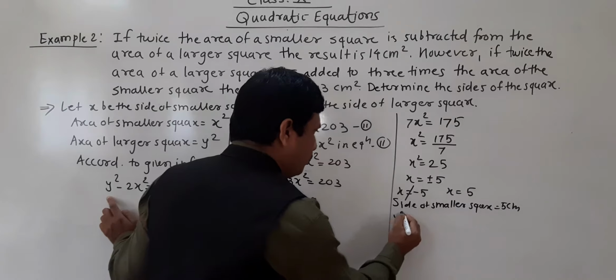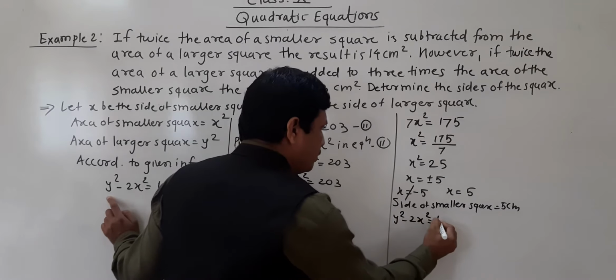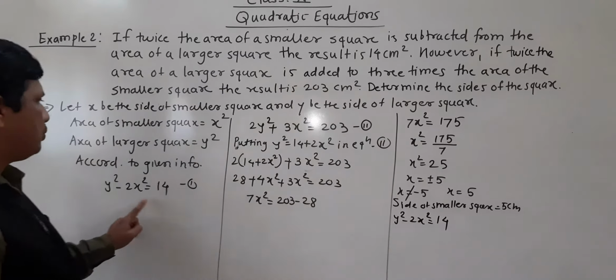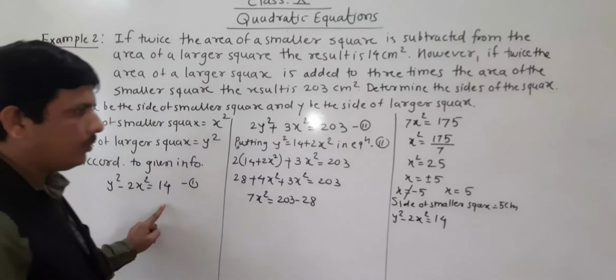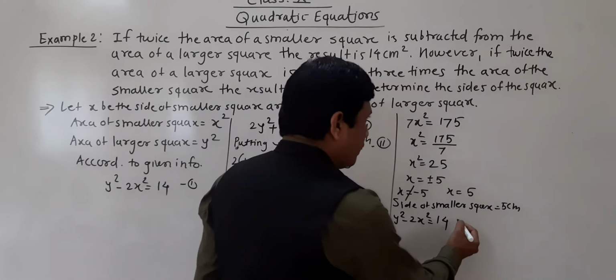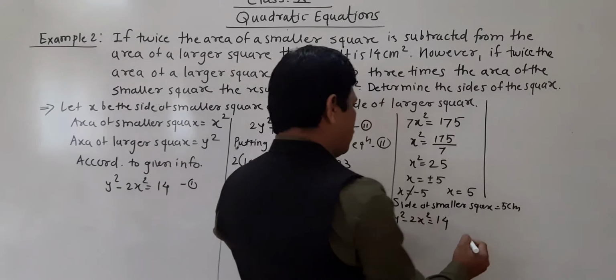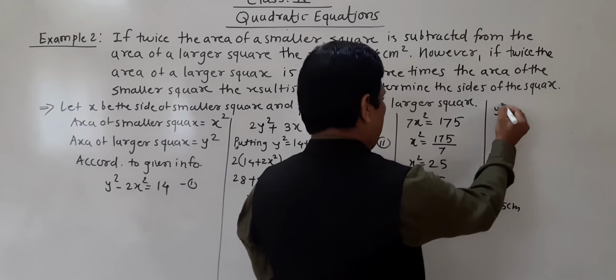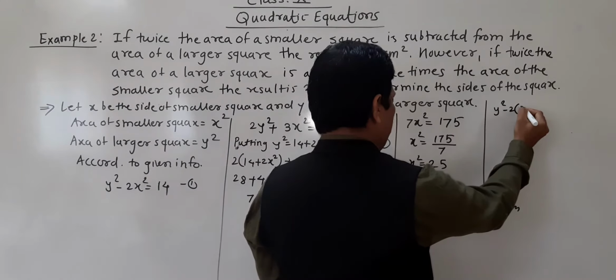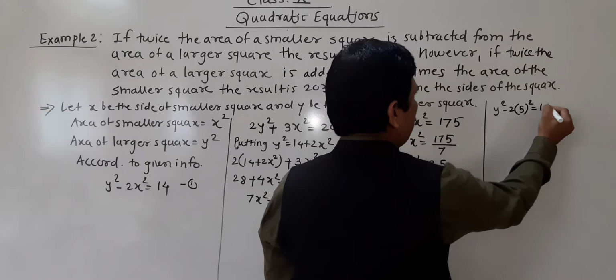So equation 1 we will use: y square minus 2x square is equal to 14. Equation 1 I have taken here. So y square minus 2 into 5 square is equal to 14.